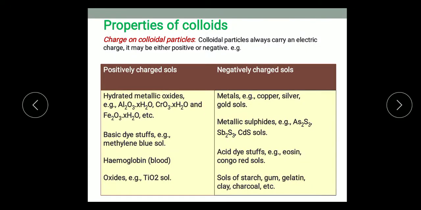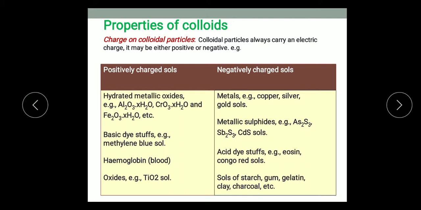So our next property is charge on colloidal particles. You know that colloidal particles always carry an electric charge. It may be either positive or negative.